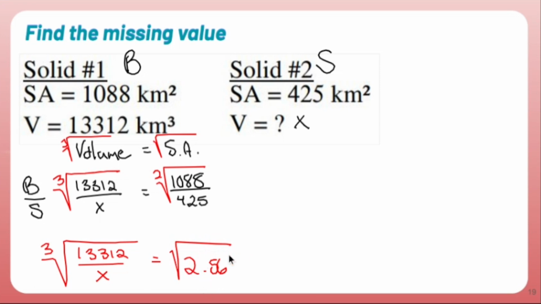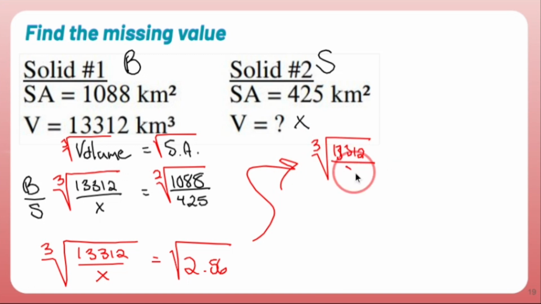Now that's good because when I write it up here, the cube root, again, I'm not changing anything here, 13,312 over X. That's going to equal the square root of 2.56, I believe is 1.6. It is 1.6. I use Siri. I secretly use Siri.